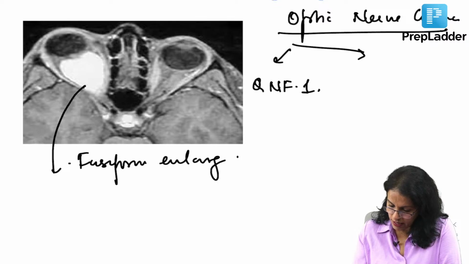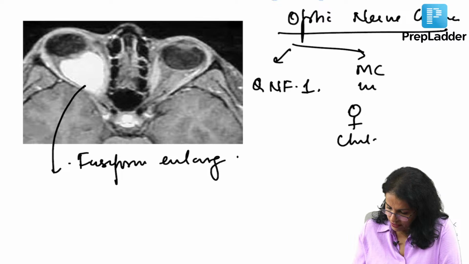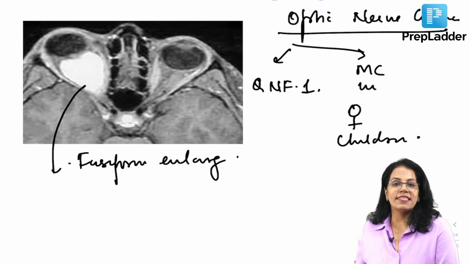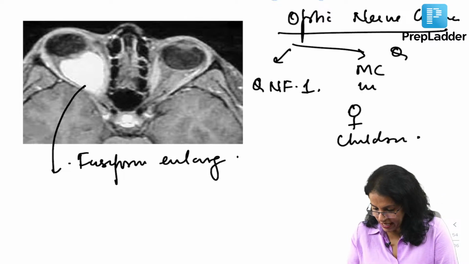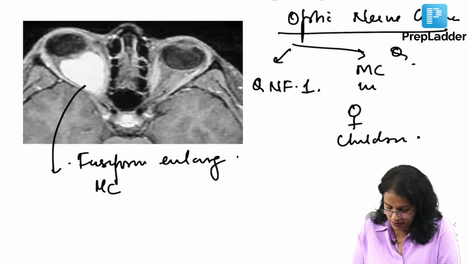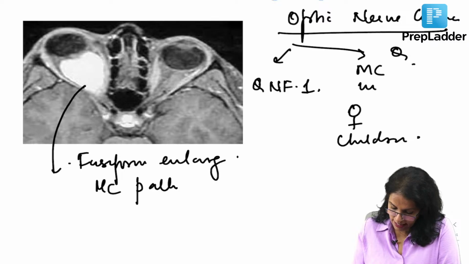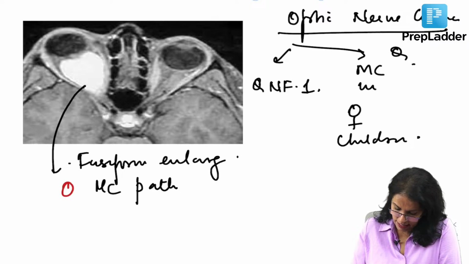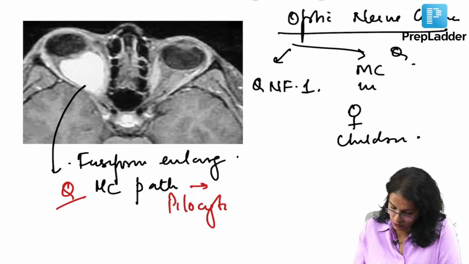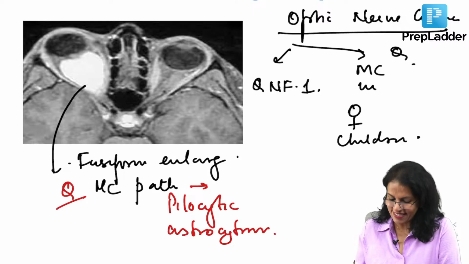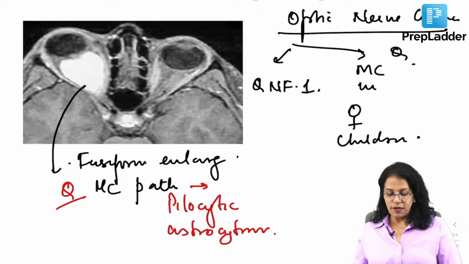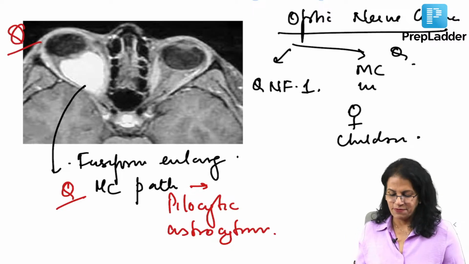Of course, this is mainly more common in female children, right? What else? We have to know the most common pathological type. This is another exam question. The most common pathological type is pilocytic astrocytoma. These are some important exam questions, right? And of course, fusiform enlargement, this image is important.